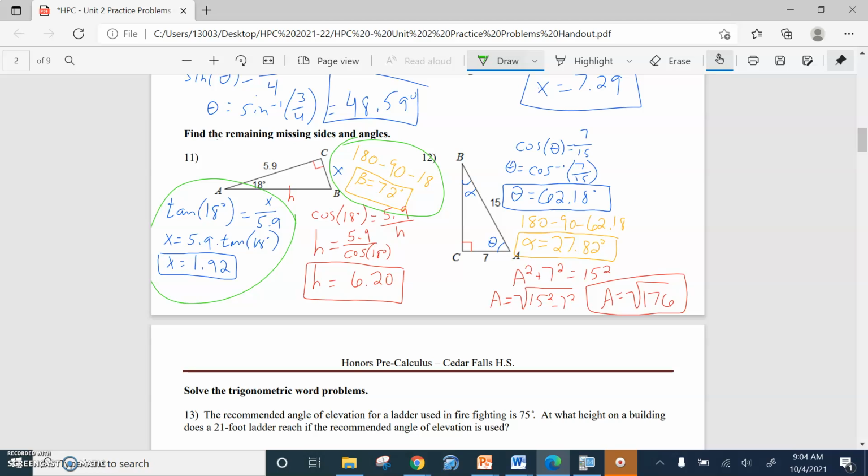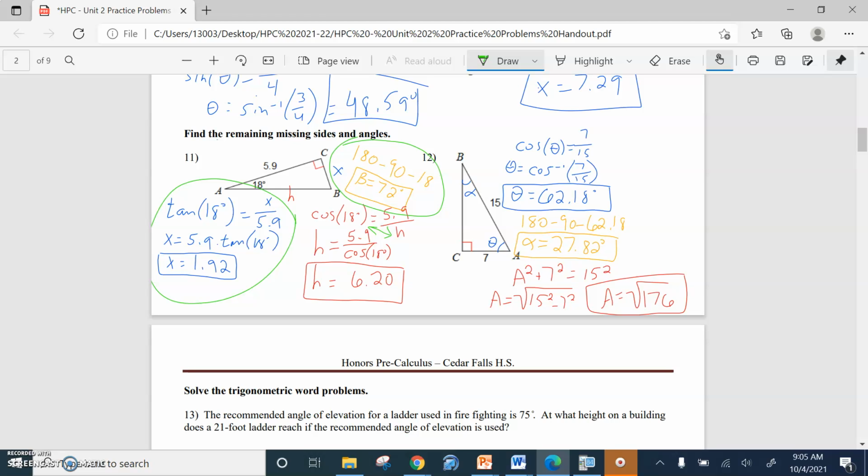So cosine of 18 is the adjacent 5.9 over the unknown hypotenuse h. Again, if we just simply flip-flop those two positions, the cosine and the h, I solve for h and I get 6.2. And that is side C. So I've solved all three sides, all three angles.